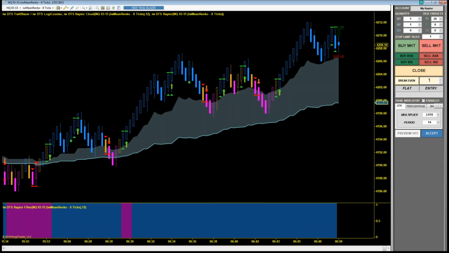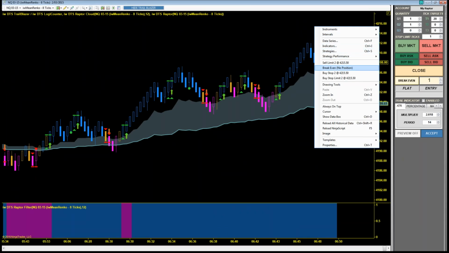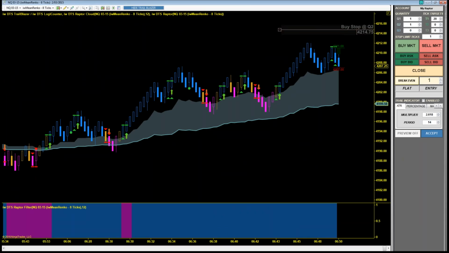Okay. So we've got the Raptor signal. We did have a double pullback, which we know tends to be a good prelude to the Raptor signal.